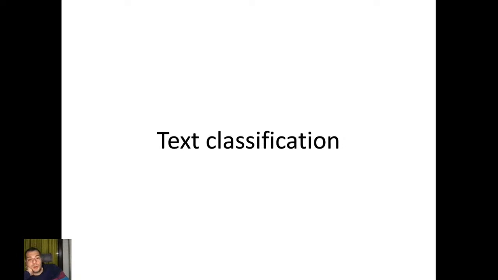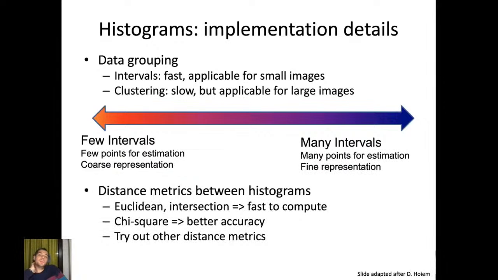Okay, so now, the usage of histograms can obtain some better results than using the raw pixels, of course. But it still doesn't generalize so well to, as I said, intra-class variability.